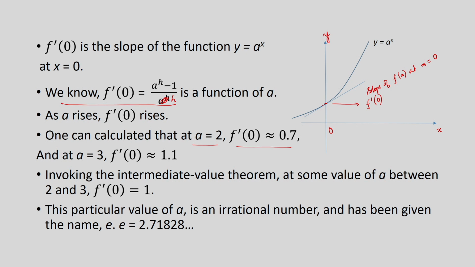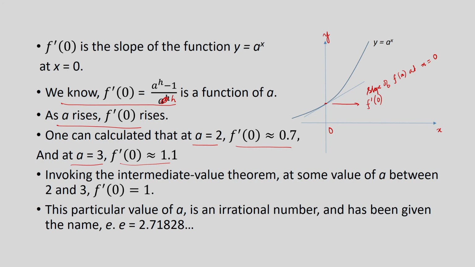And if you take a higher value of small a, suppose small a is equal to 3, then f dash of 0 rises, and it is approximately equal to 1.1. That is what is meant by this: as small a rises, the slope of this function at x equal to 0 rises. So, basically this tangent is getting steeper and steeper.